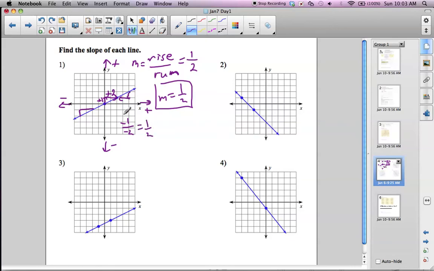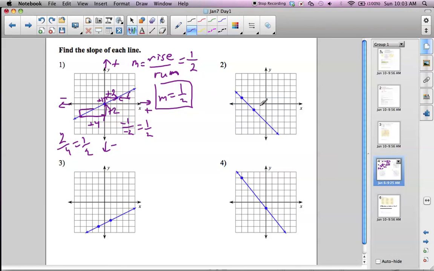So any 2 points, any direction, you will get the same slope, even if you went from this point all the way over here and then up here. That's going to be right 4 up 2, 2 out of 4 equals half. So you get the same slope for any 2 points you use on the line.